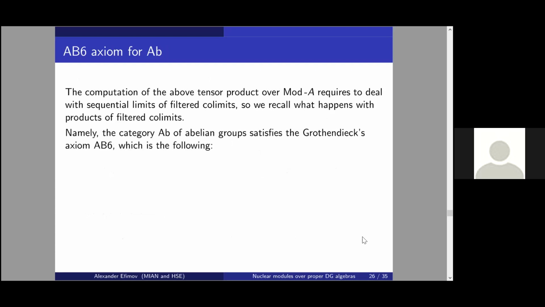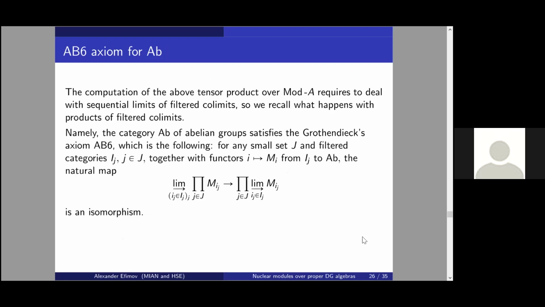So first, recall this UP6 axiom of Grothendieck, which is satisfied for abelian groups by a direct computation. So this UP6 is the following, that for any small set and any collection of filtered categories indexed by this set, so we have I_j is a filtered category corresponding to j.